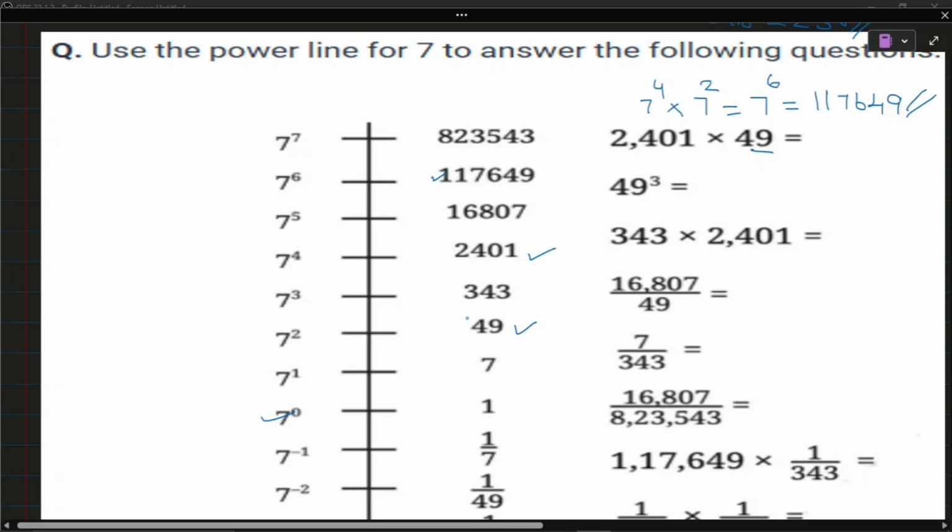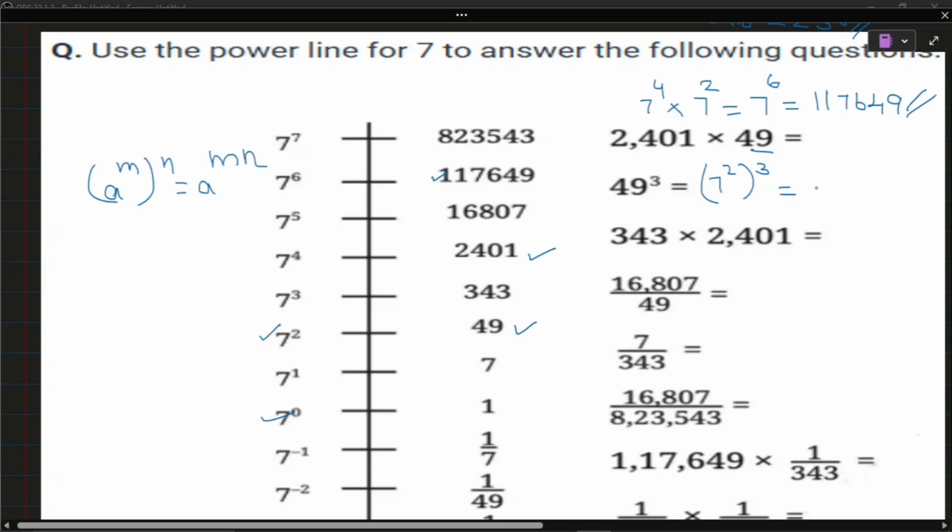Now 49 cubed. 49 is, here you can see, 7 squared. So 7 squared, that is 49. Here it is 49 cubed. So put a bracket, then cube. Then it becomes a power of a power, that is a raised to m, whole raised to n, which is a raised to mn.